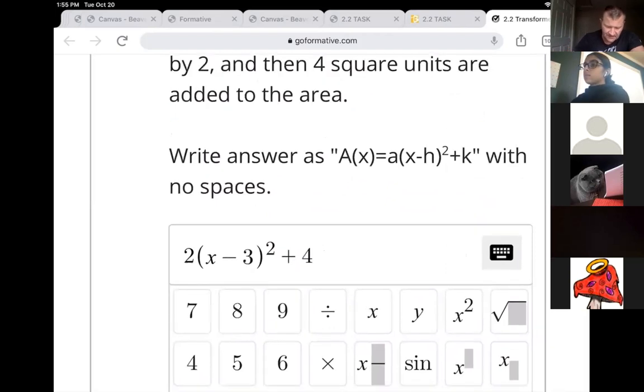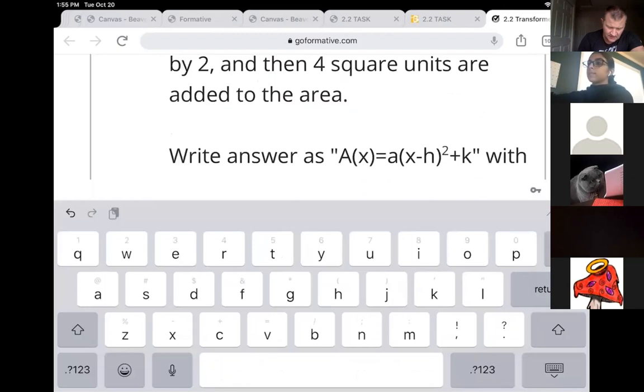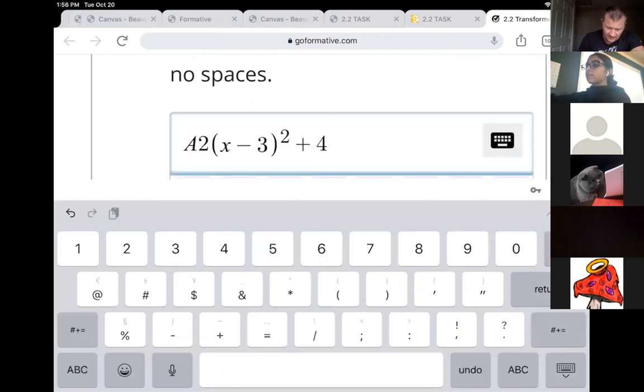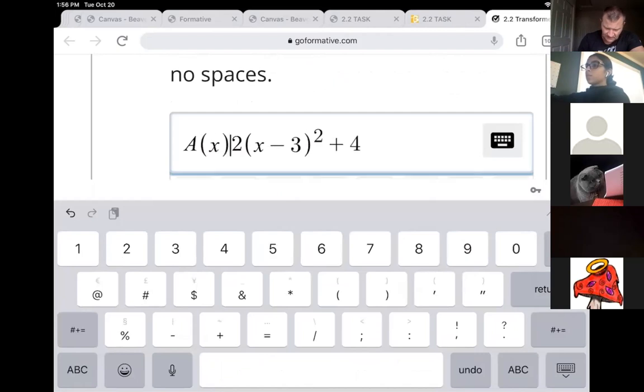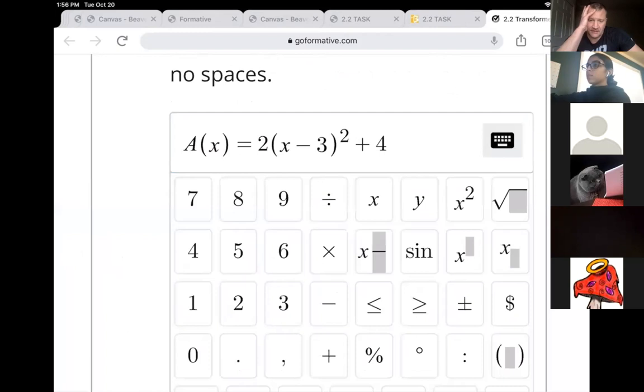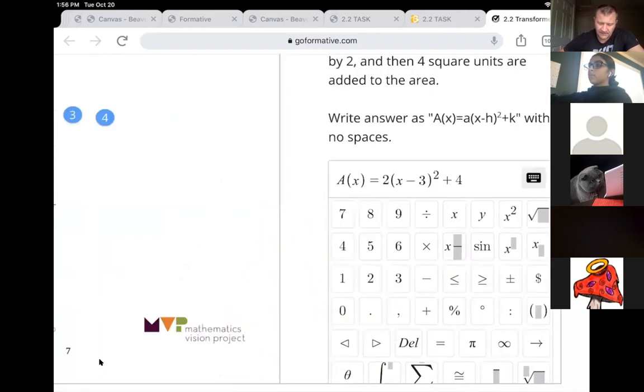So on the outside, I'm going to type A of X equals, boom. There it is, okay? All right, now that's it for number 2. Any questions on 2?